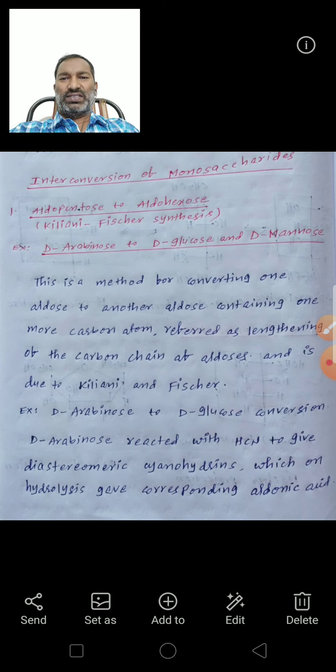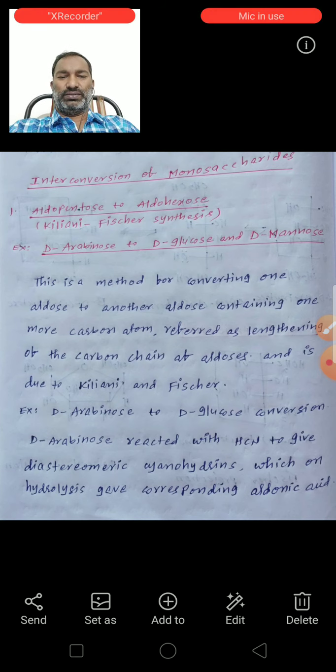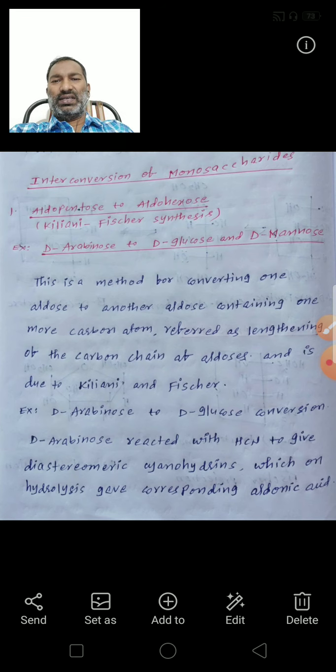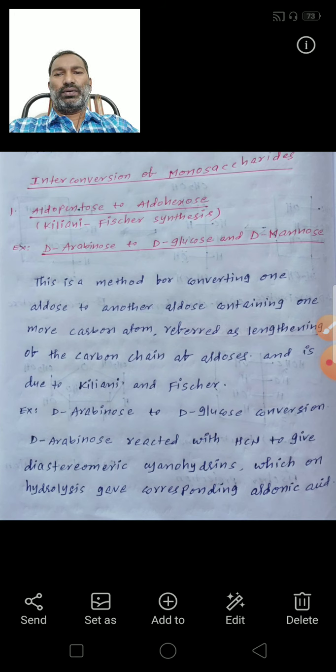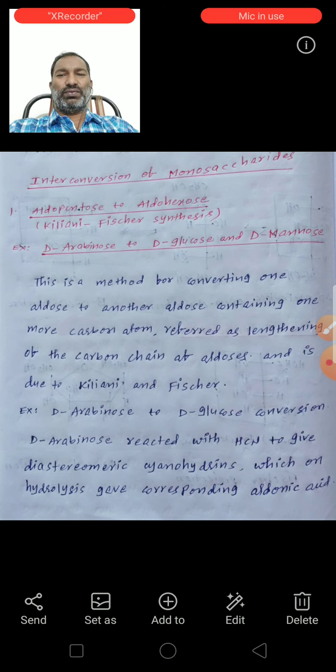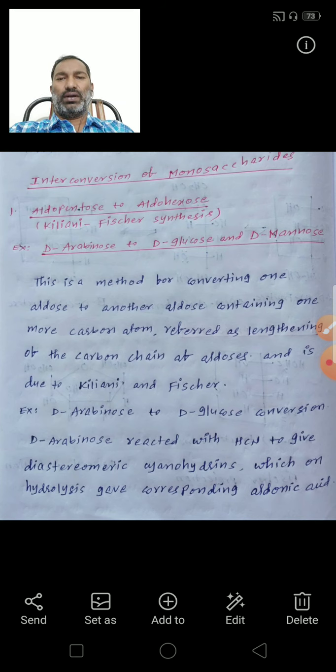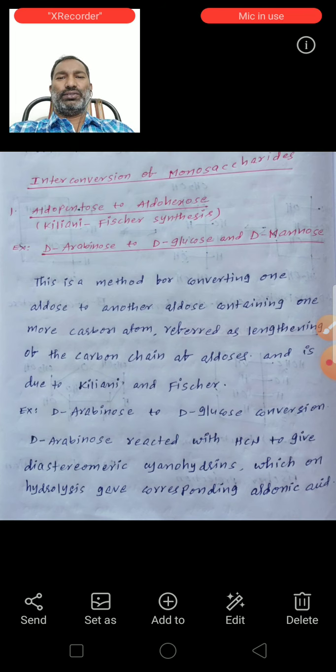See here, the first example is aldopentose to aldohexose. Aldopentose contains an aldehyde functional group and is a 5 carbon atoms carbohydrate. It converts to the aldohexose.